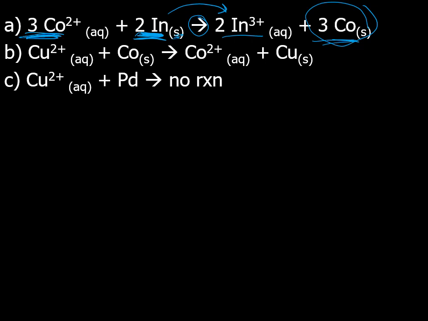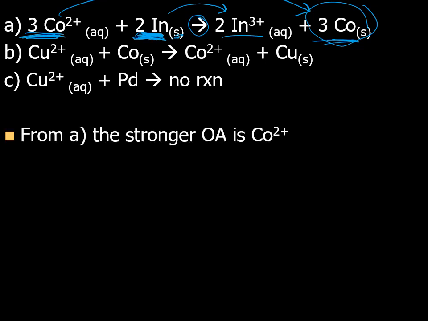Cobalt is gaining electrons. Reduction is the gain of electrons as cobalt turns into these atoms. So cobalt can take electrons from indium. That's what we know from that first reaction. So the stronger oxidizing agent, the thing that's better at being reduced, the thing that's better at gaining electrons, is cobalt, because we can see cobalt taking electrons from indium and becoming an atom. So we know that cobalt is a stronger oxidizing agent.